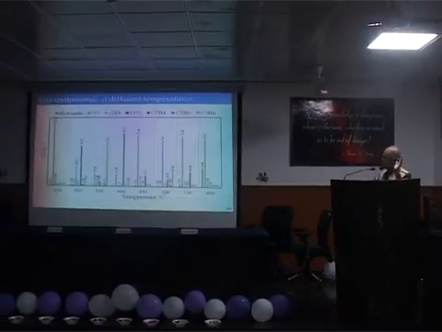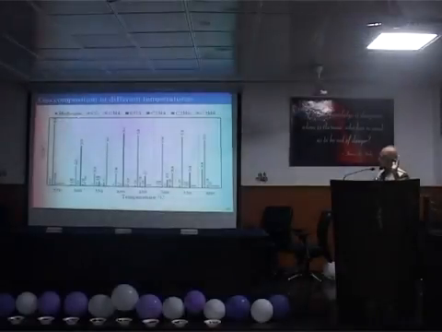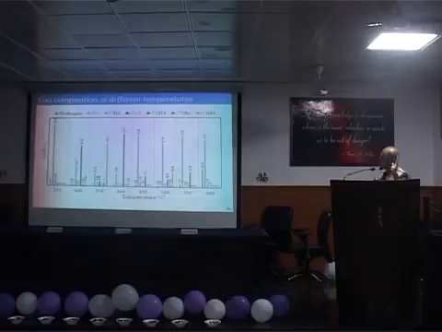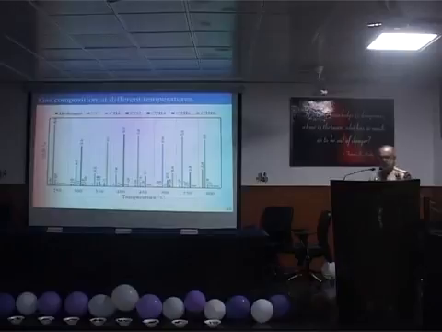These are the typical composition of the gases which are coming out: hydrogen, carbon monoxide, methane, carbon dioxide, ethane, butane, propane. All these, depending upon the operating conditions, can be judged.